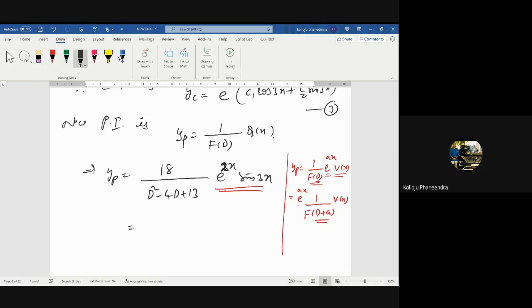So let us do the same thing here. 18 into e power 2x I will write in front. Replace d by d plus a. What is the a value? 2. So replace d by d plus 2 whole square minus 4 into d plus 2 plus 13, sine 3x.